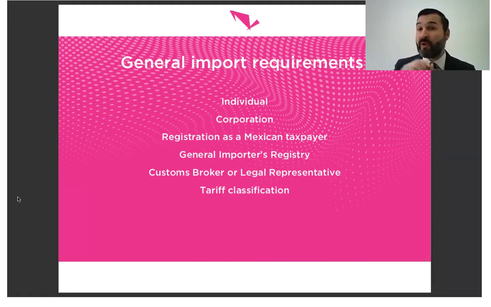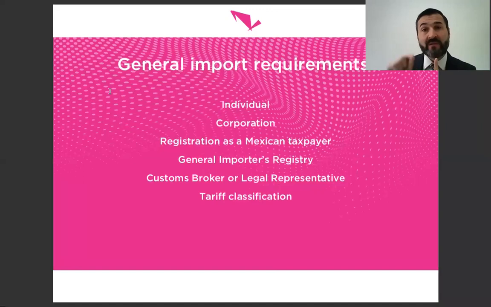That means that if for any reason the company or you as an individual fail to comply with one or two or three or some other important tax requirement, for example, you fail to file your tax return for fiscal year 19, then the authority is linking that failure to present that tax return as an event of cancellation of your general importer registry.